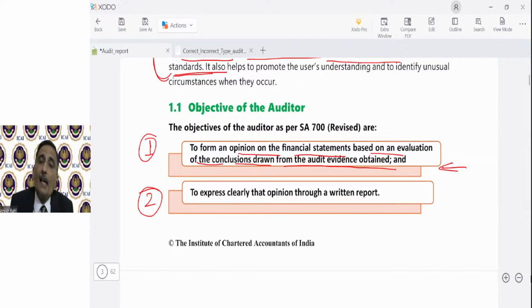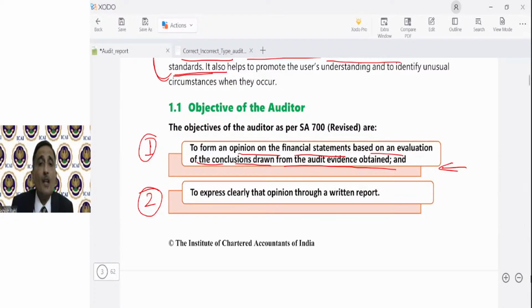And it is on the basis of those conclusions that he forms an opinion. So the objective of an auditor as per SA 700 is to form an opinion on the financial statements based on evaluation of the conclusions drawn from the audit evidence obtained during the course of the audit.